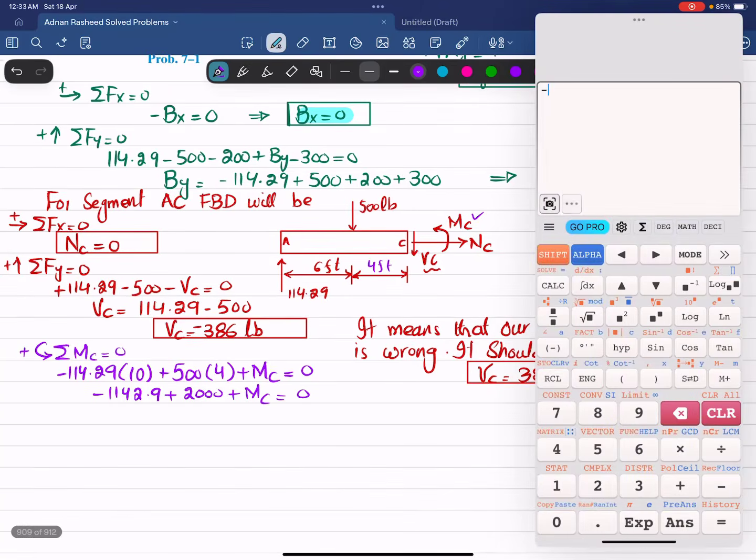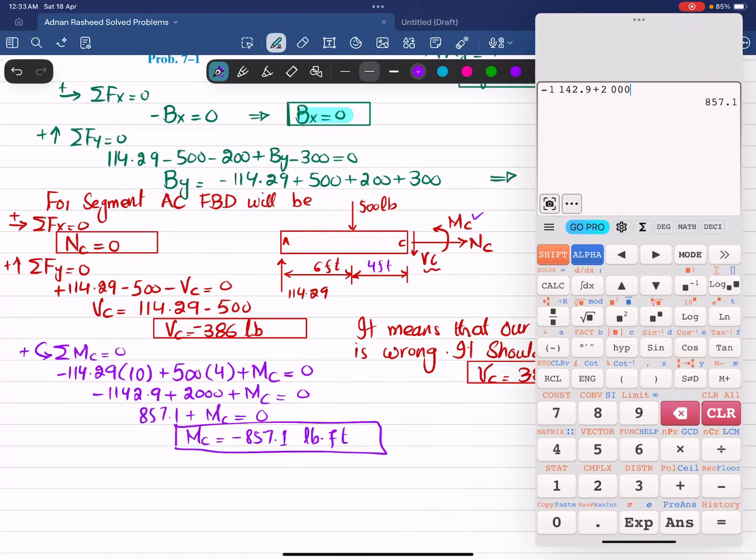So minus 1142.9 plus 2000 will give you 857.1 plus MC. So MC will become equal to minus 857.1 pounds-feet.